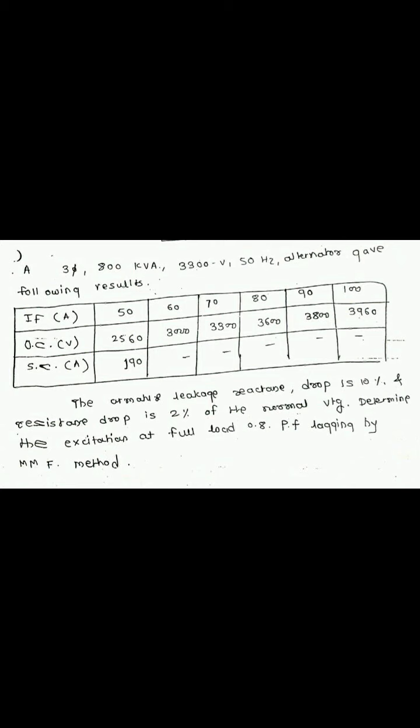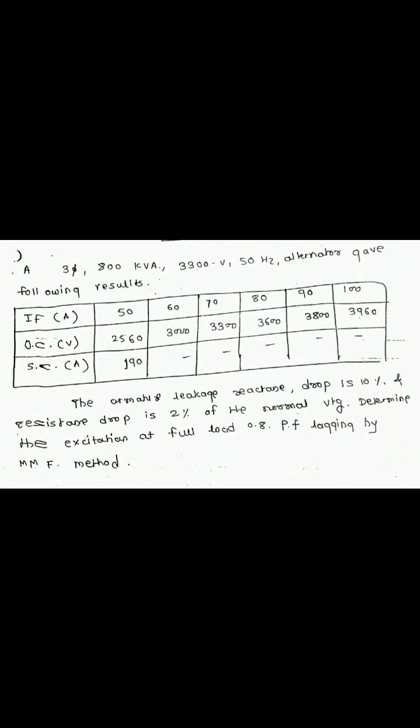The field current values are 50, 60, 70, 80, 90, 100, and the open circuit voltage is 2560, 3000, 3300, 3600, 3800, 3960, and the short circuit current is 190 ampere.